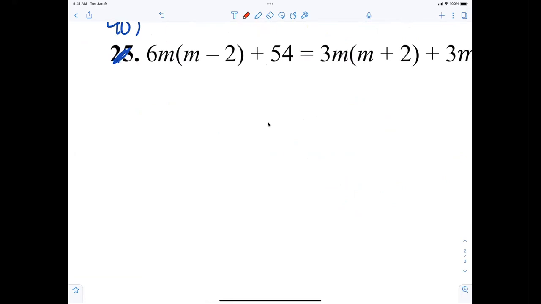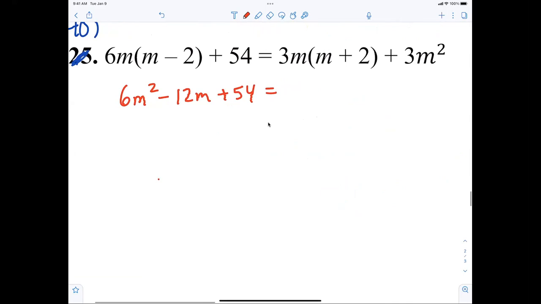Who's up? So it would be 6m squared, minus 12 and plus 54. Good. And then it would be 3m squared, good, and 6, good, and 3m squared together is 6m squared. Good.